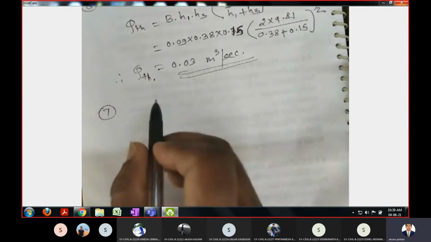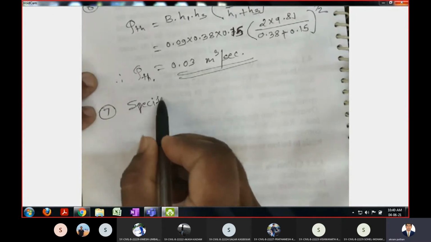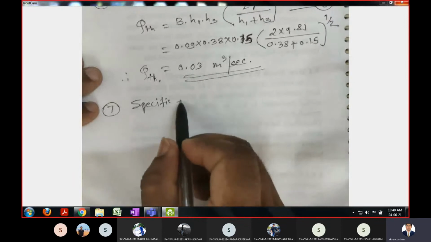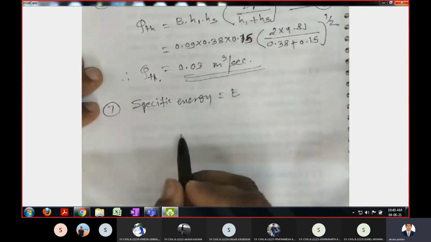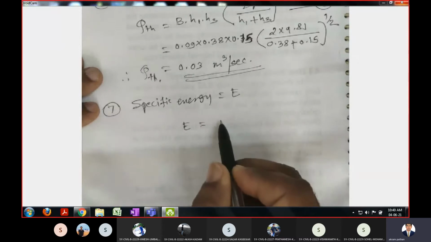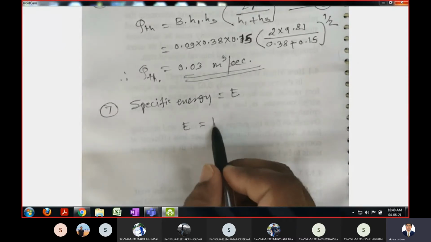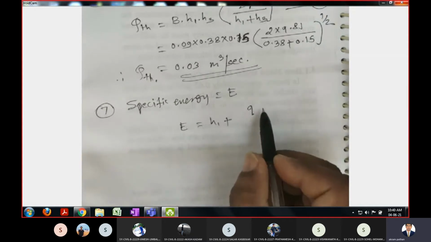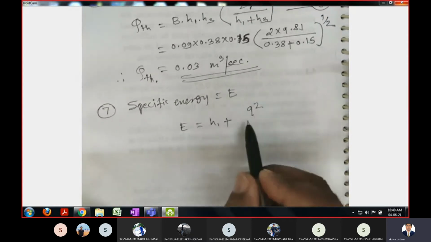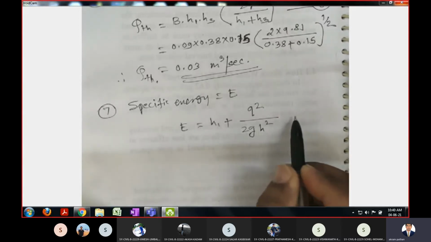So calculate the seventh parameter, that is the specific energy. So E is equal to H1 plus q square divided by 2 g H1 square.